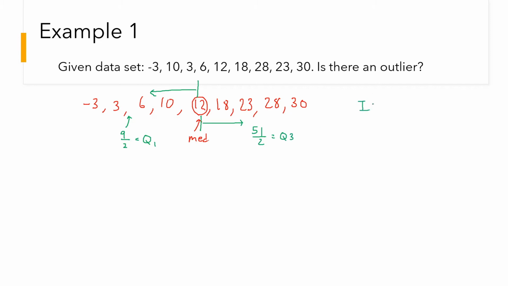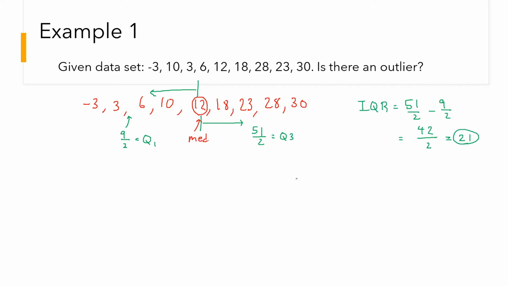Which means your interquartile range will be 51 over 2 minus 9 over 2, which comes out to be 42 over 2, which is 21.